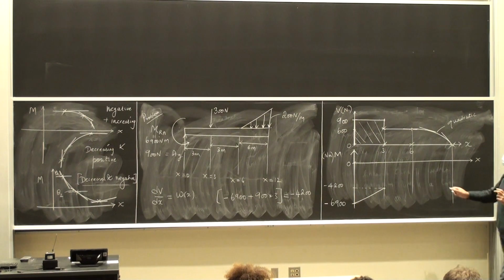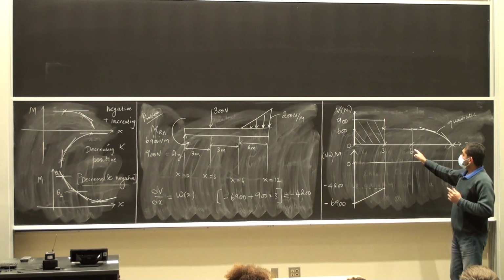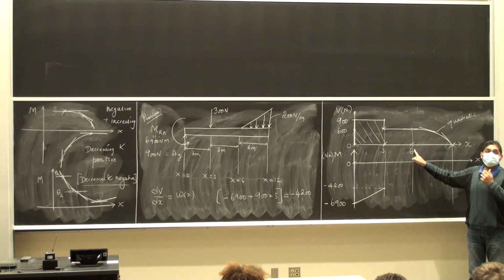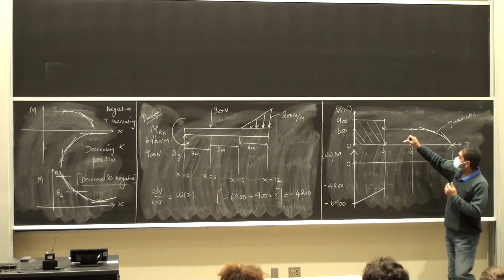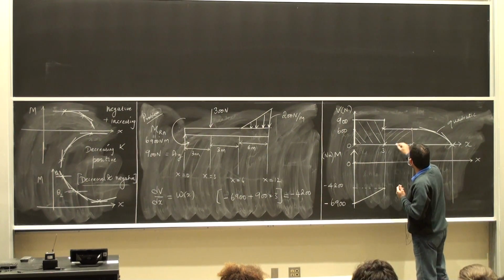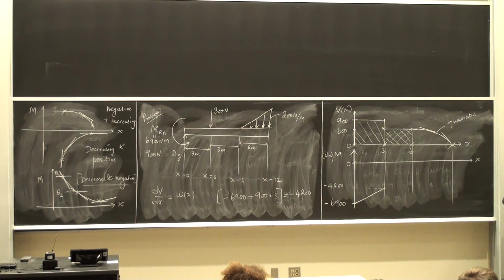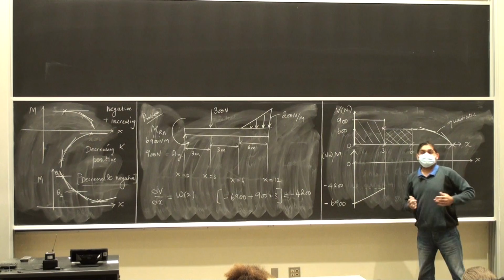Help me out. How do I go to this point and what's the value there? At x equals 6 meters, the value of the bending moment is going to be this area, which is a rectangular box, plus negative 4,200.